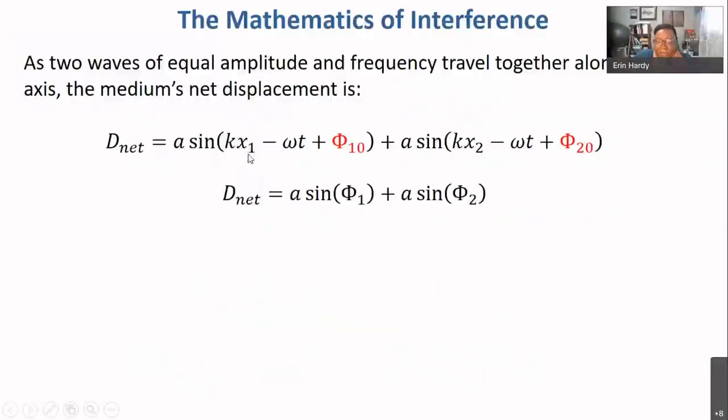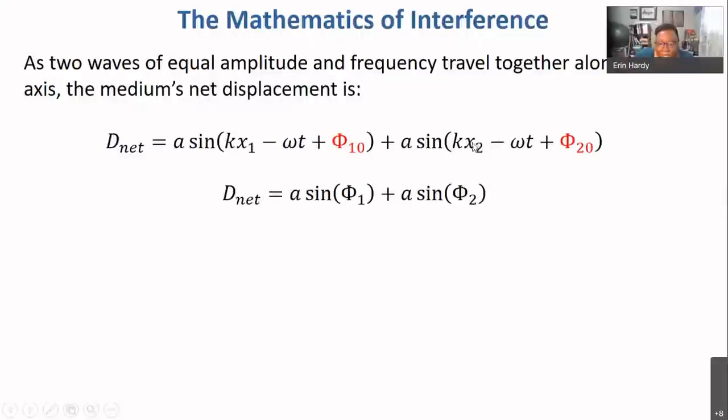But in this case, our goal is to add together 2 different sound waves, so we have to tell the difference between x1 and x2 in this next term. But keep in mind, omega has to be the same for both of these. We're assuming that the 2 loudspeakers are sending out exactly the same signal, at the same frequency, traveling at the same speed, all of that.